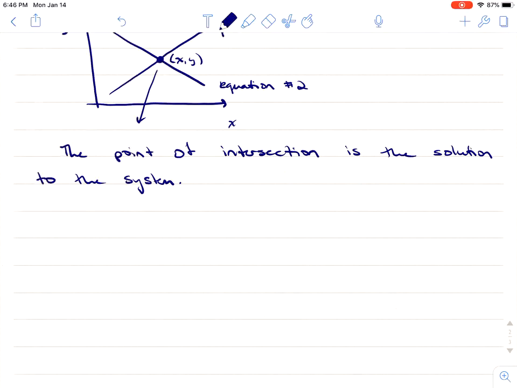So that's what we'll be doing in the background. We won't necessarily be drawing these things and figuring out where they intersect, but if we did, it would look like that. Where they cross, the point where they intersect, that's your solution.